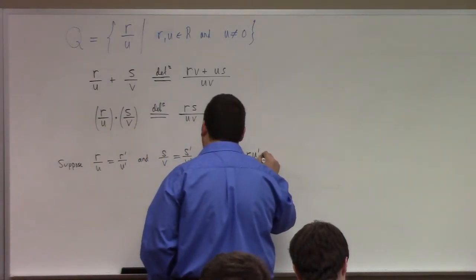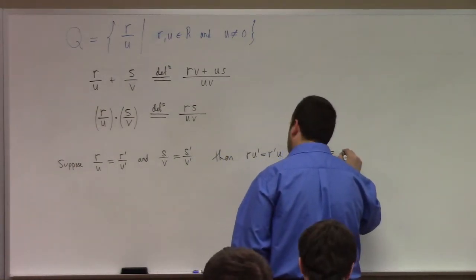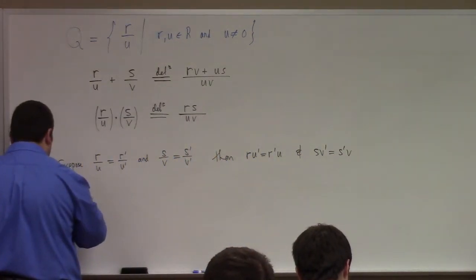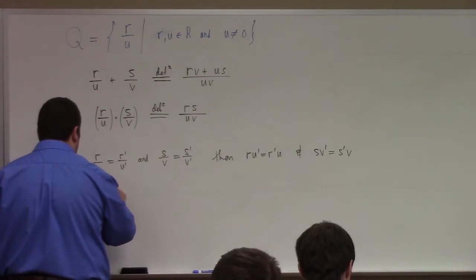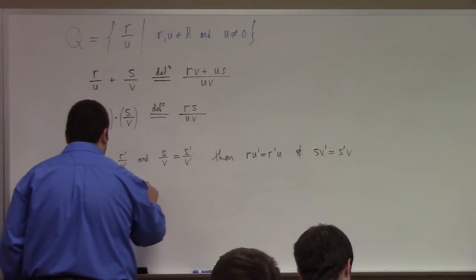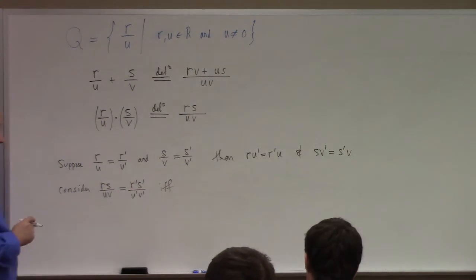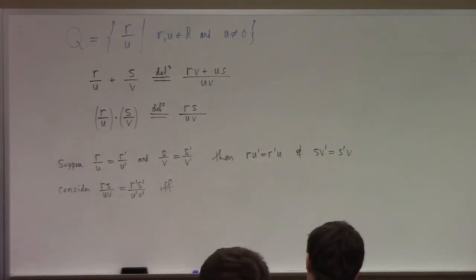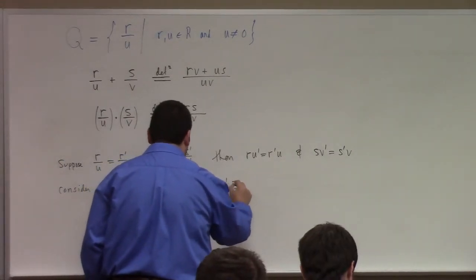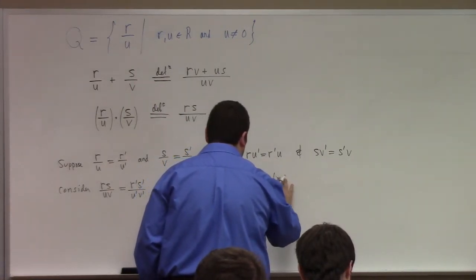That gives us RU prime is equal to R prime U, and SV prime is equal to S prime V. Consider RS over UV is equal to R prime S prime over U prime V prime if and only if what? RS U prime V prime is equal to R prime S prime times UV, right?